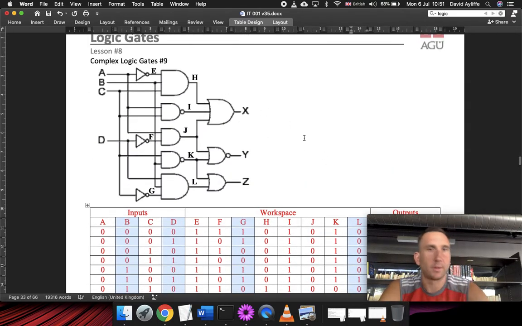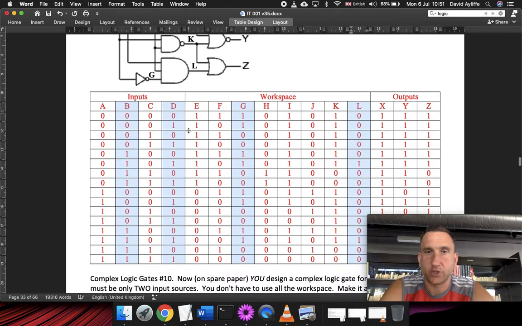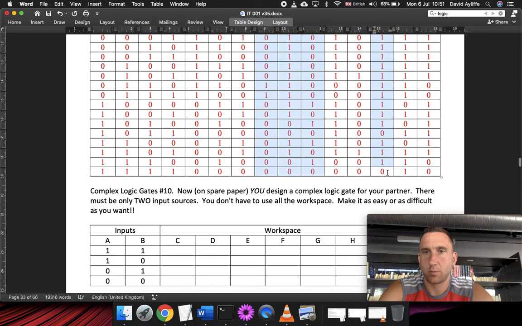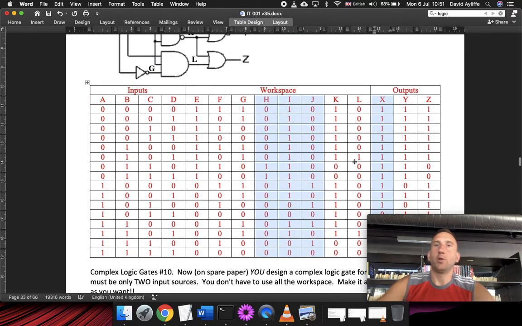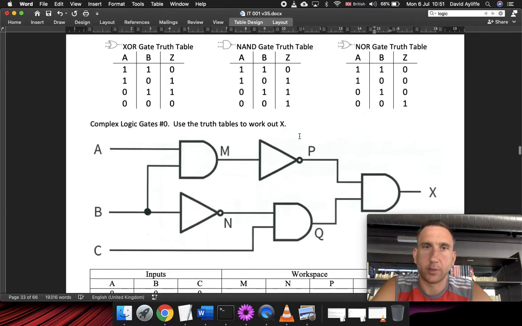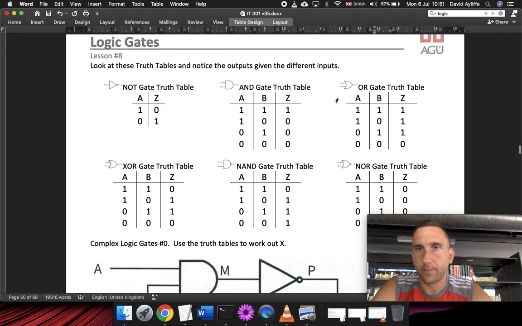Now, here we go, we've got a 3 input OR gate, so Hij, and the output is X. So the same logic holds. So let's look at the truth table for OR.